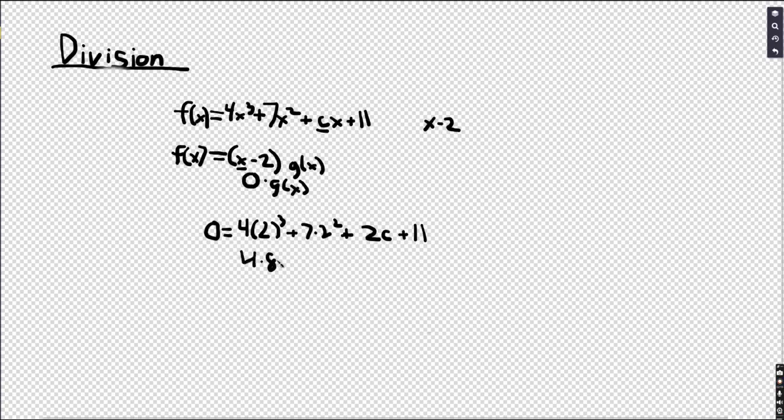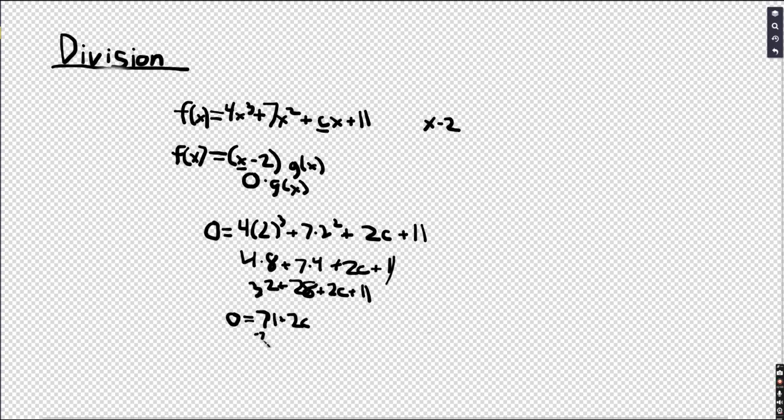Now we have an equation we can simplify. That's 4 times 8 plus 7 times 4 plus 2c plus 11, so 32 plus 28 plus 2c plus 11. If we add everything up, 60 plus 11 is 71, plus 2c is equal to 0.